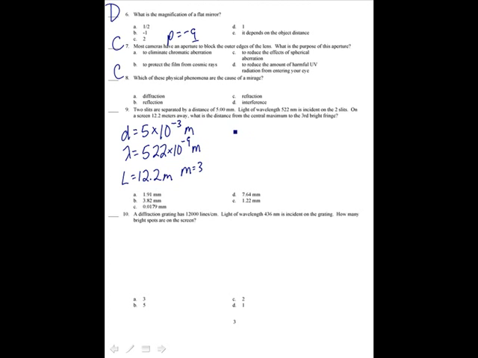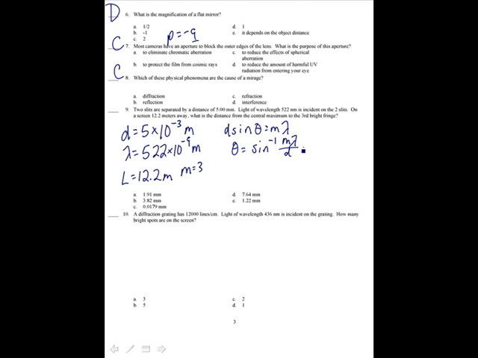That's m equal 3. d sine theta, this is double slit, is equal to m lambda. This is for the bright spots. I first want to find theta. That is the inverse sine of m lambda over d. Let's see, m is 3. Lambda is 522 times 10 to the minus 9 divided by d, which is 5 times 10 to the minus 3.